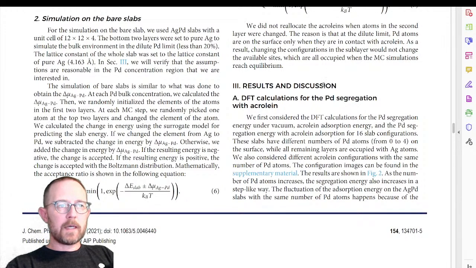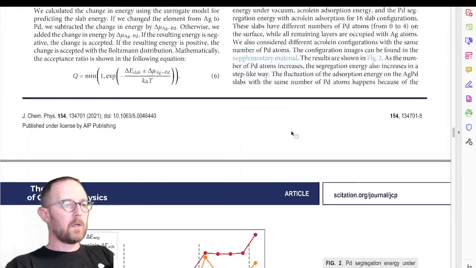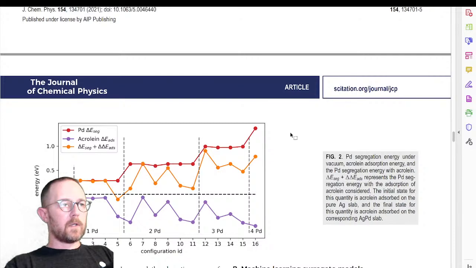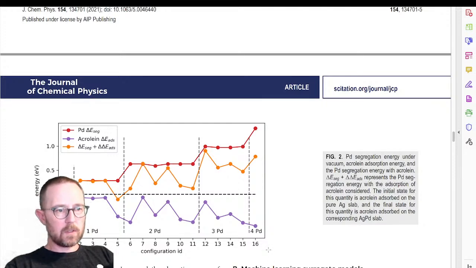All right, so let's look at first just the segregation under vacuum, and the influence of absorption. This figure shows 16 different acrolein configurations on pure silver, 1 palladium, 2 palladiums, 3 palladiums, and 4 palladiums in the surface. And what you can see is the various contributions. Palladium coming to the surface is always unfavorable.